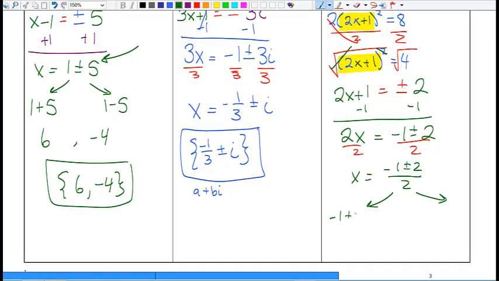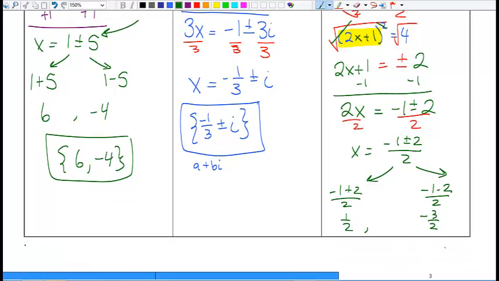So I have negative 1 plus 2 over 2 and negative 1 minus 2 over 2. So that gets me a half and negative 3 halves. So my two solutions are 1/2 and negative 3 halves.